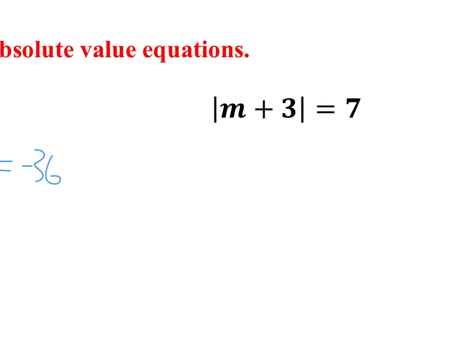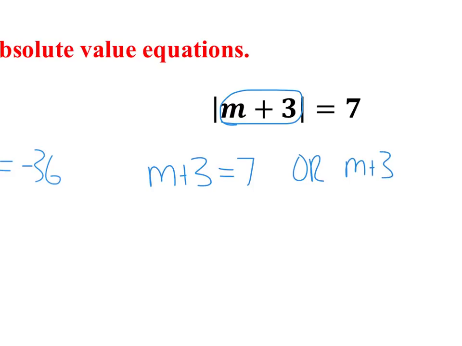So if I move to the next one, how this is similar is it says the absolute value of m plus 3 equals 7. So the distance that m plus 3 is from 0 is 7 away. So m plus 3 could be 7, because then the absolute value would be 7, or m plus 3 could be -7, because the absolute value of -7 is also 7.